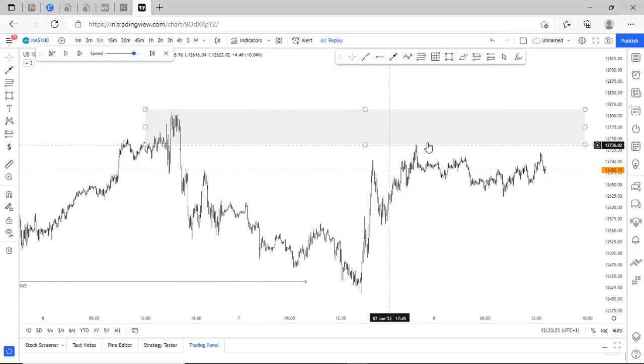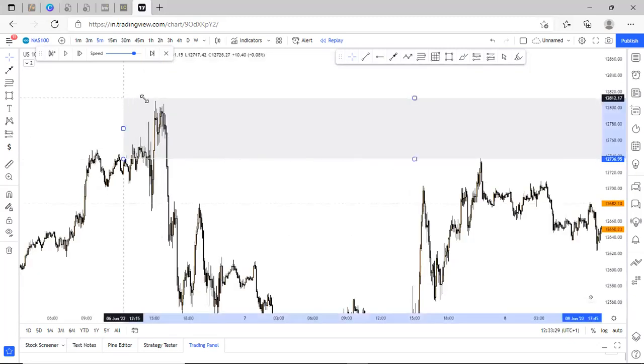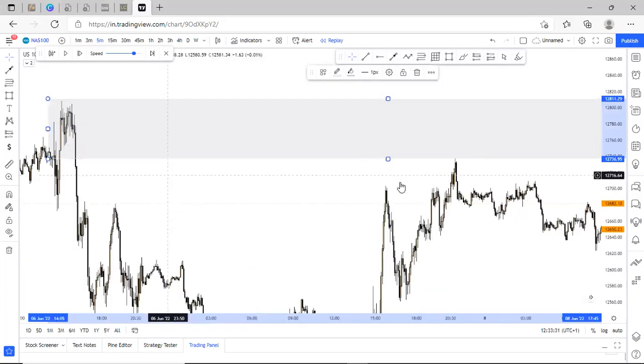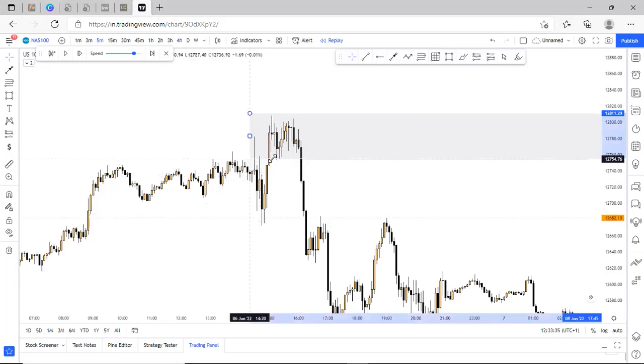And now, as you can see, price tapped the 1 hour, but moving down to the lower time frame, I realized that we still had imbalances right here that price could possibly come back to.